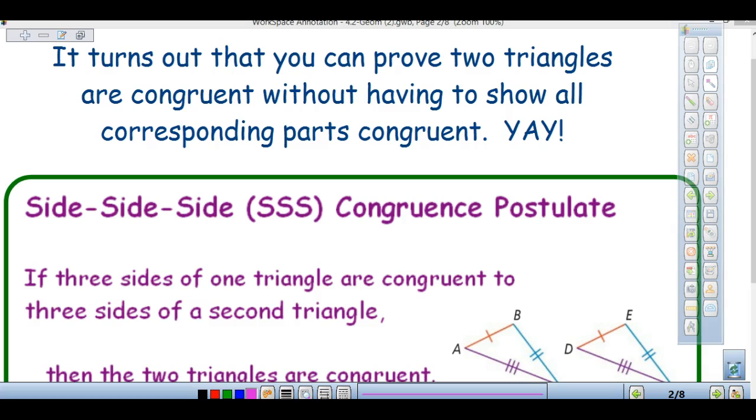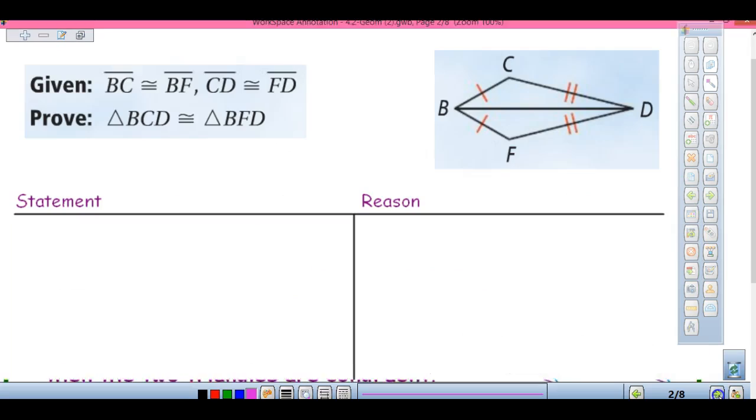The first one that we start with is side, side, side. If all three sides are congruent, then your triangles are going to be congruent. So you wouldn't even have to worry about your angles. If you can get all three sides to be congruent in your triangle, then you know for sure they're going to be congruent triangles. Good news, right? Get to take some shortcuts.